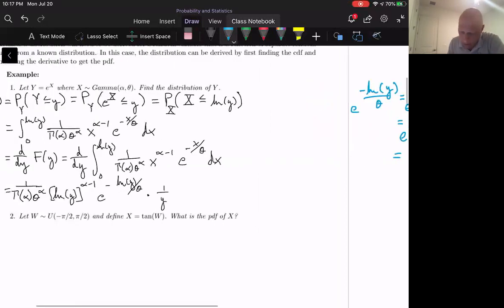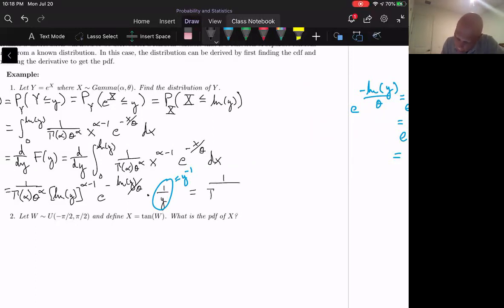That's neat because this 1 over y is y to the negative 1, which means that we can combine a couple of terms to simplify this a little bit, and we could rewrite this PDF as this.